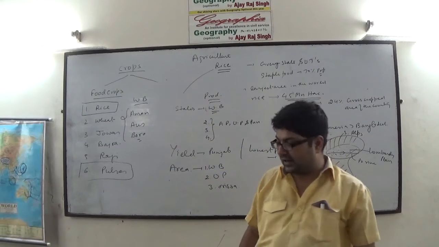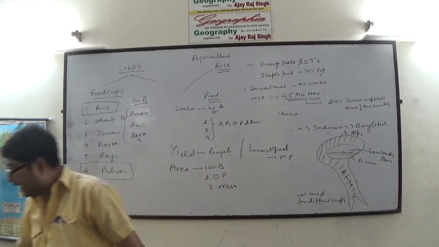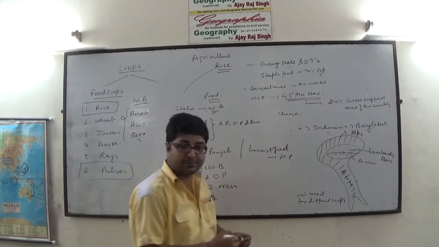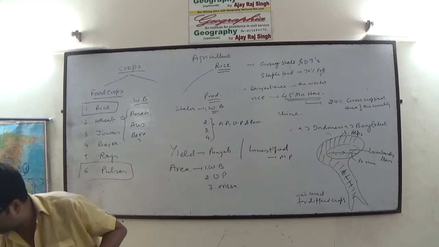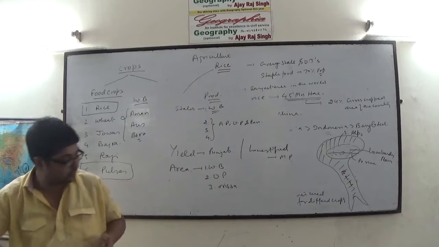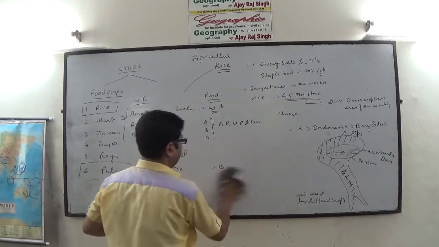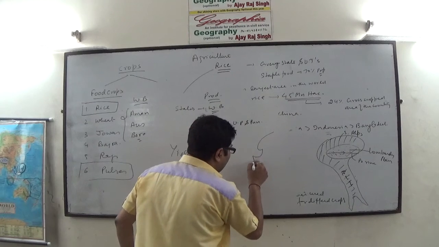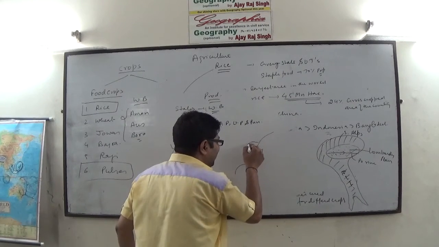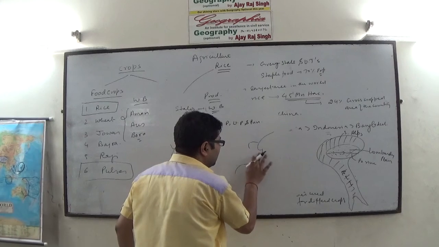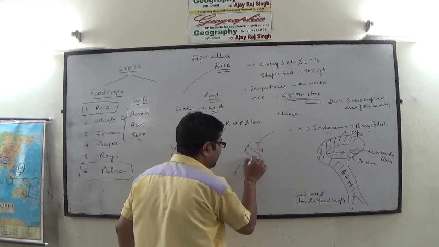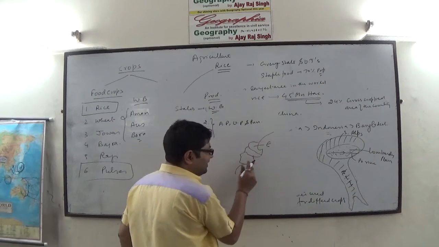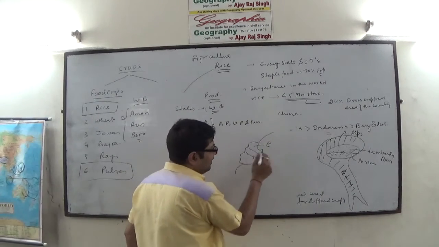Right? Now, in Andhra Pradesh, in the deltaic tracts of Godavari and Krishna, there are three districts. This is the delta of Godavari, this is the delta of Krishna.